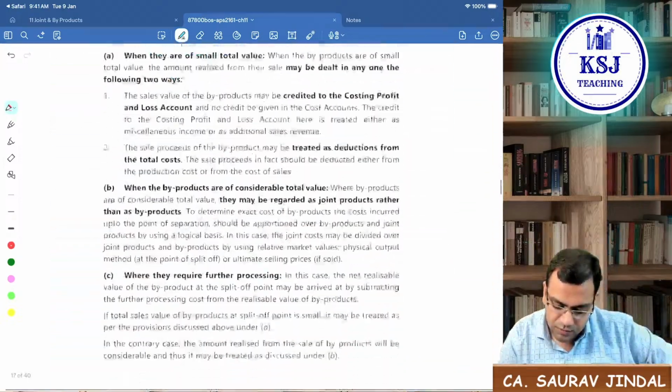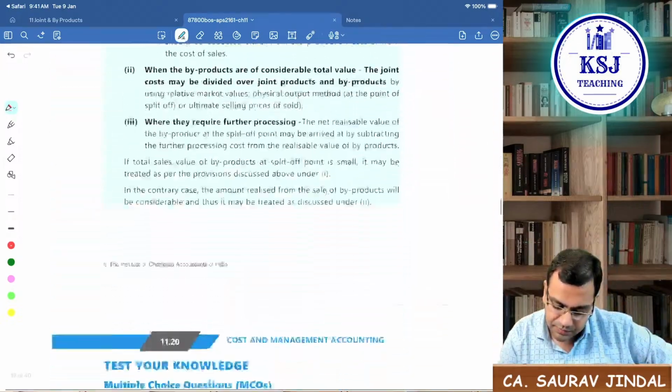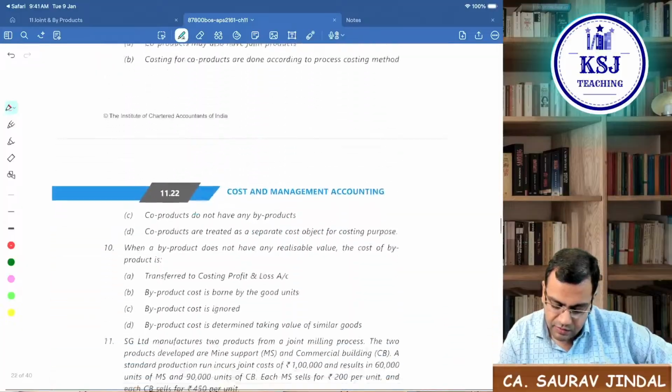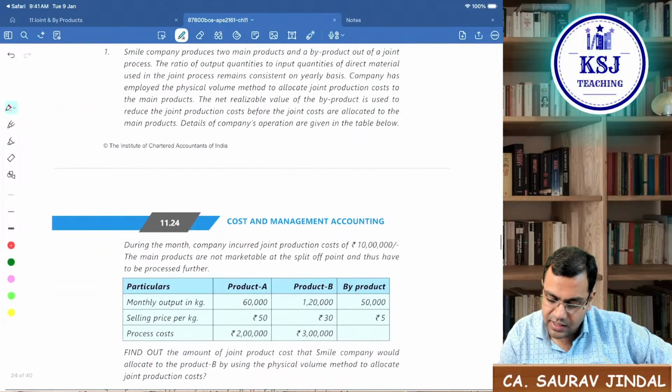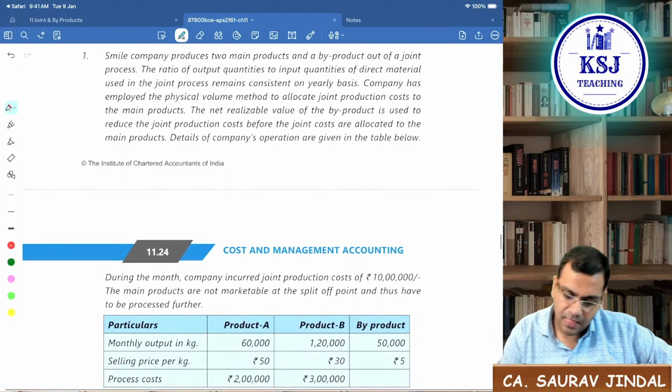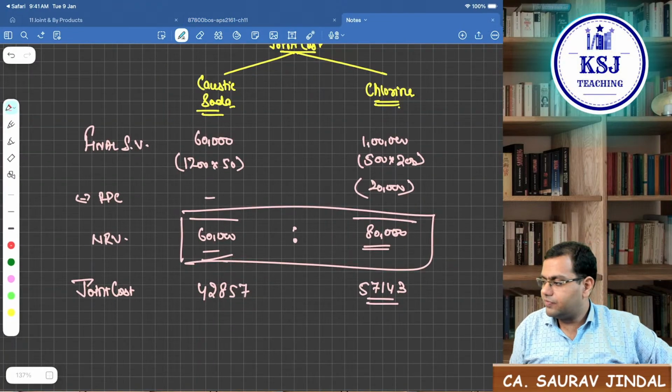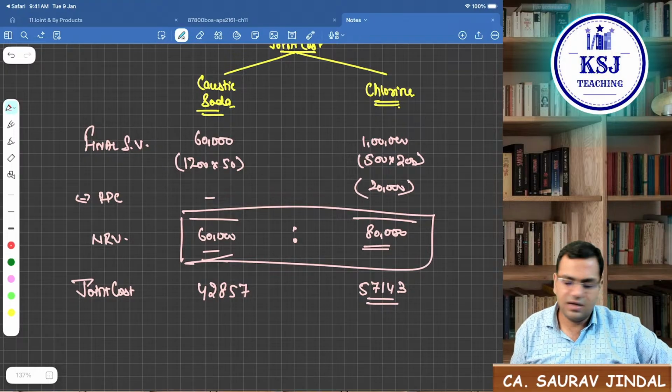Now I'll tell you one or two more important questions in this, that is, what are the types of questions that they can ask. I'll tell you just the type of questions, same kind of questions only, nothing difficult can be there.